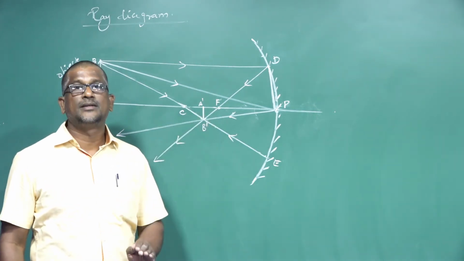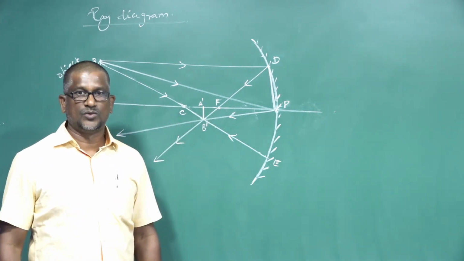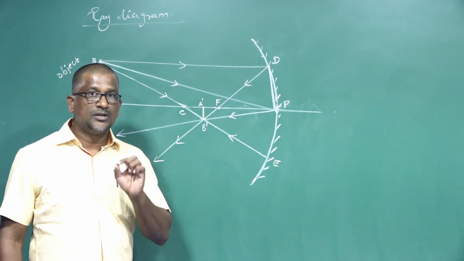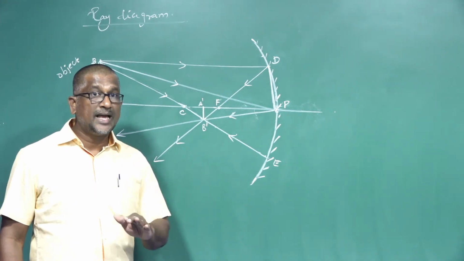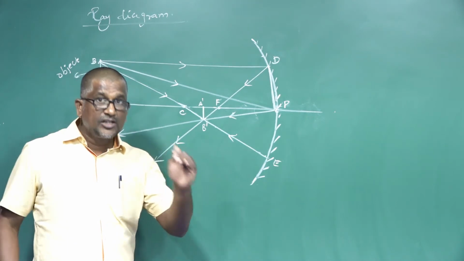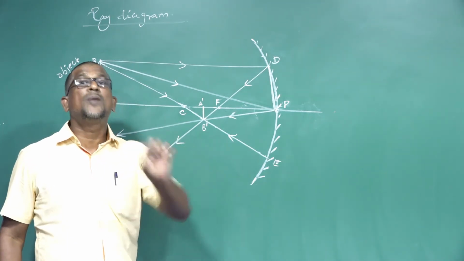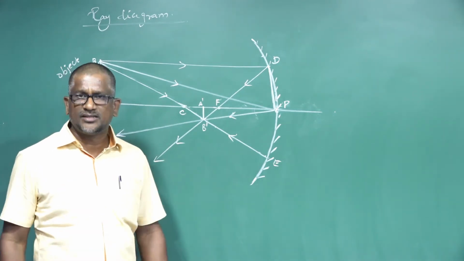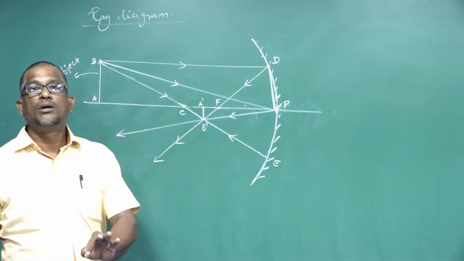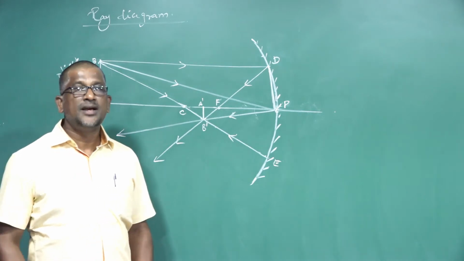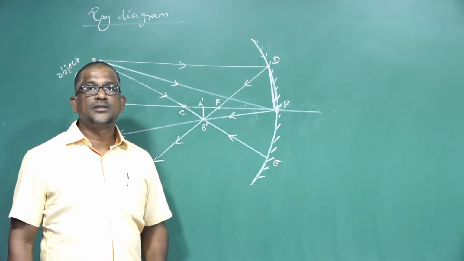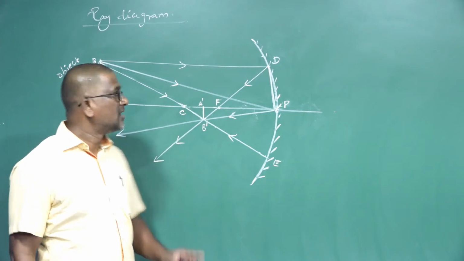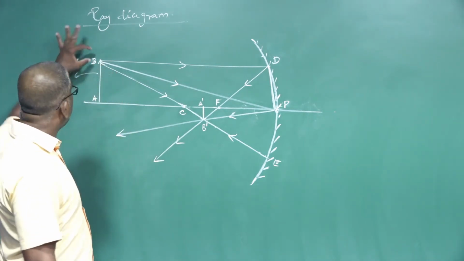These are known as paraxial rays. For our convenience, we consider three paraxial rays from the point B on the object.